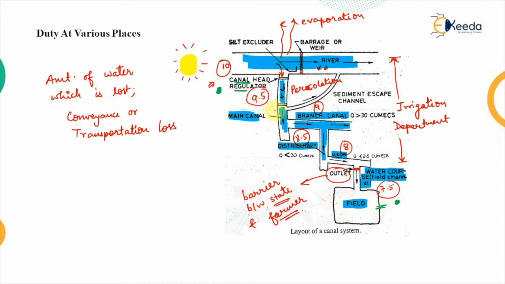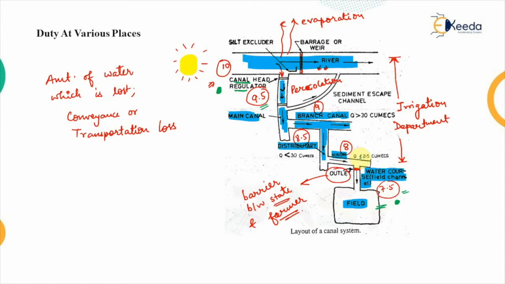While if we look at the difference between the water level at the head of the branch canal and the field, that is 2, the difference between 9.5 and 7.5. As we are moving closer to the field, the conveyance loss is decreasing.